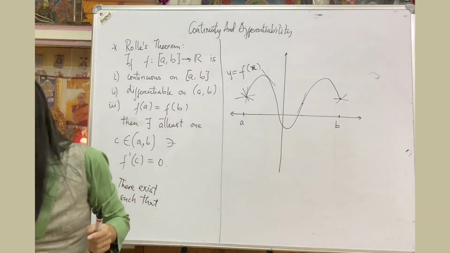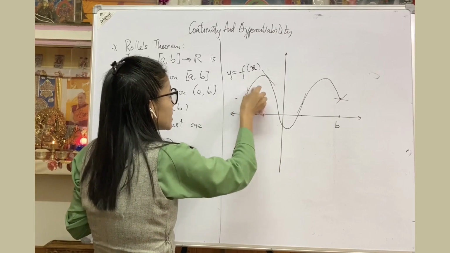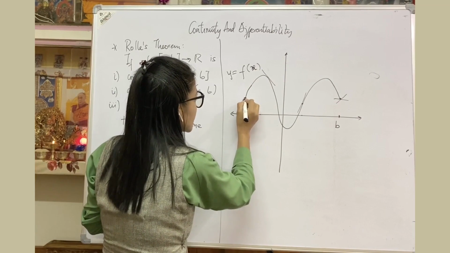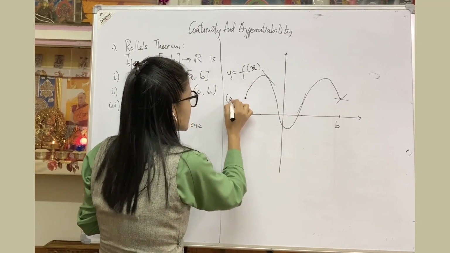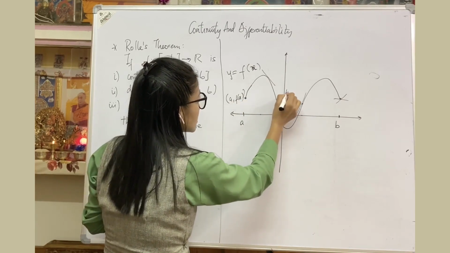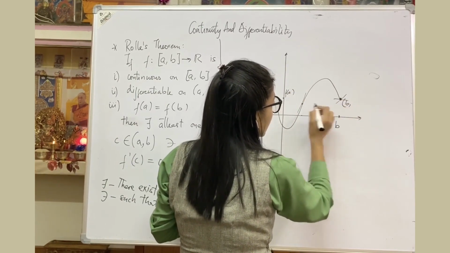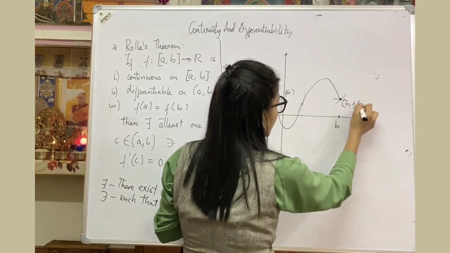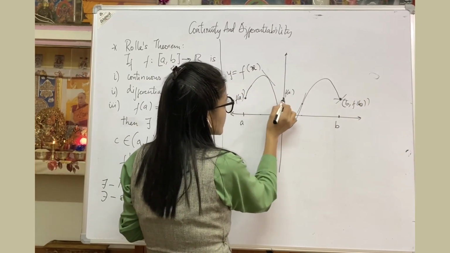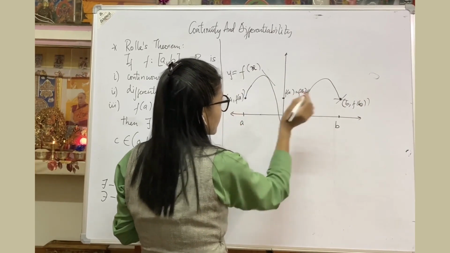Now the third condition is f of A equals f of B. So you can see, if I consider here, this point is A, f of A, right? So this is f of A, and this point is B and this is f of B. The image of this point is f of A, image of this point is f of B, so f of A is equal to f of B, right?